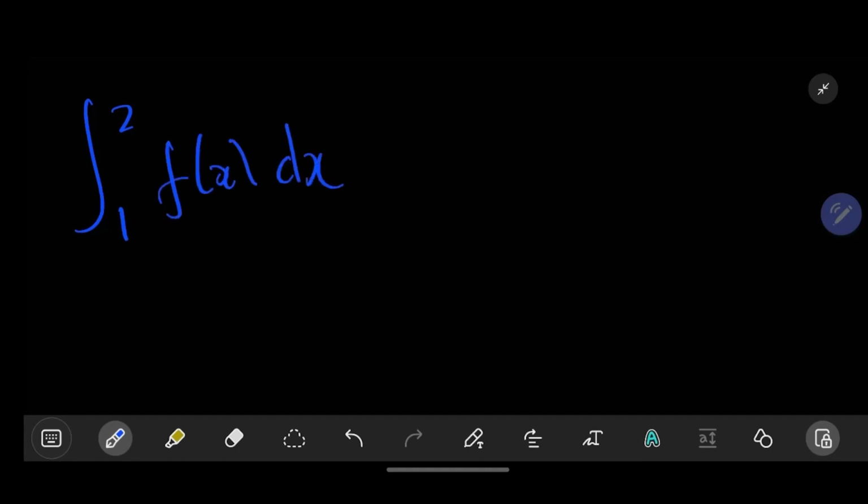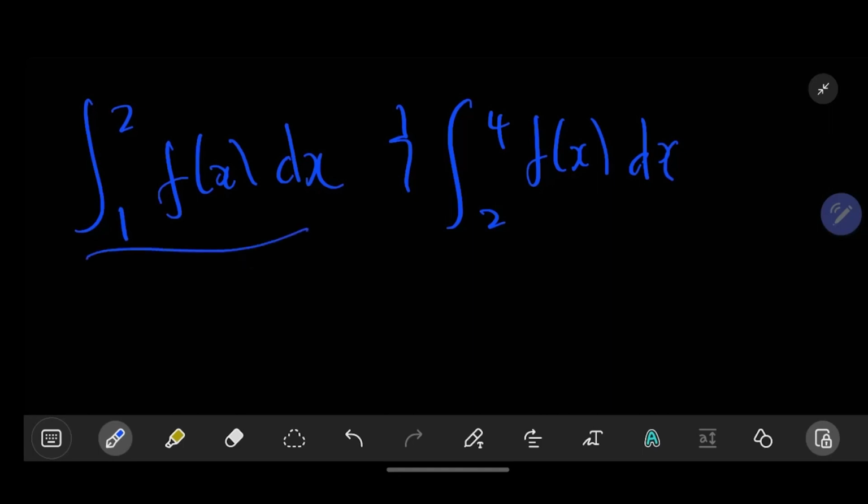Another hint is that if you have something like the integral with the lower limit 1 to 2 of f of x dx, and you've also been given the integral from 2 to 4 of f of x dx. Okay, so remember what we said, this is going to give us the area under the curve when we have the definite integral.